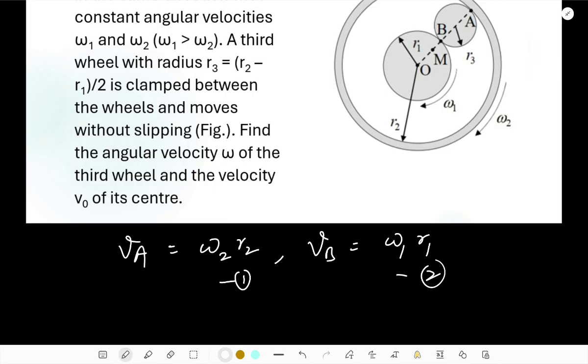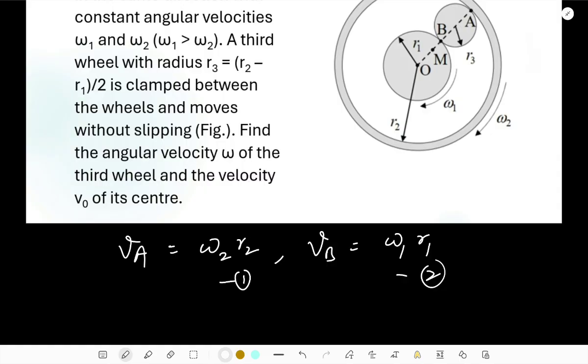And next, what do I need to do to find the angular velocity of this clamped third wheel? I don't know. Should I leave the problem?